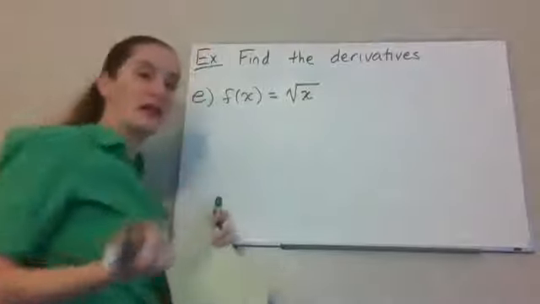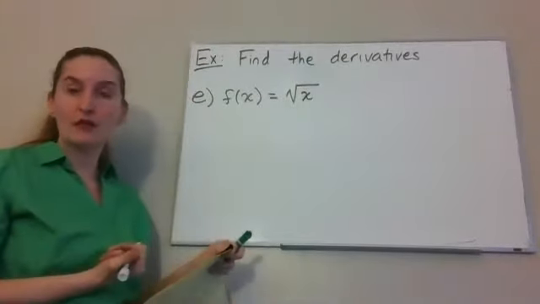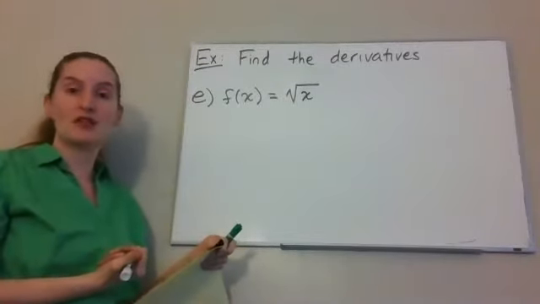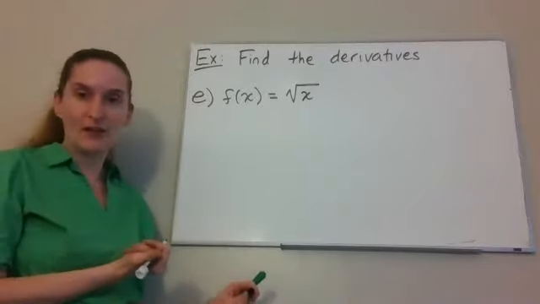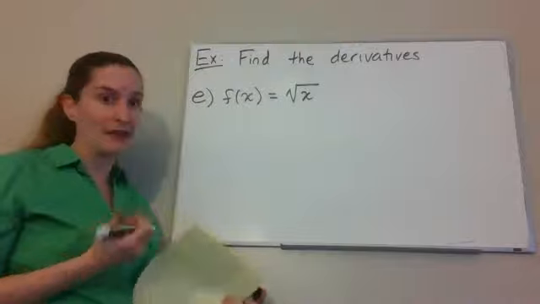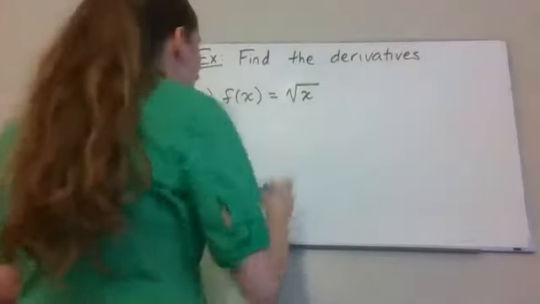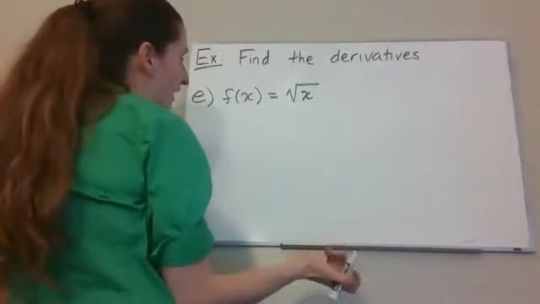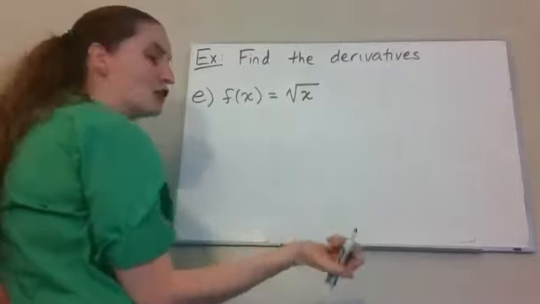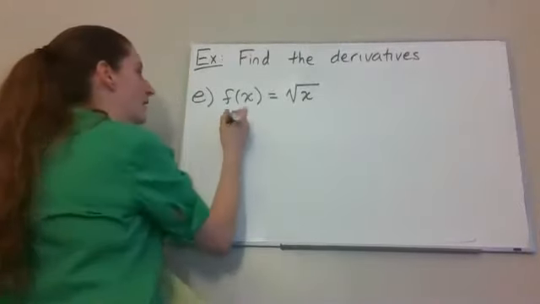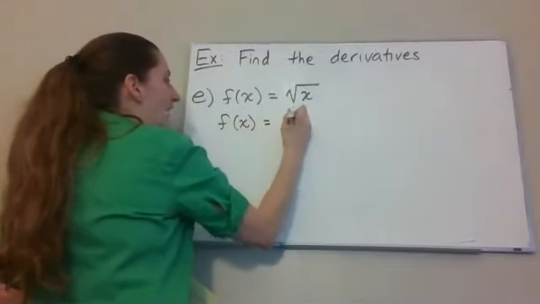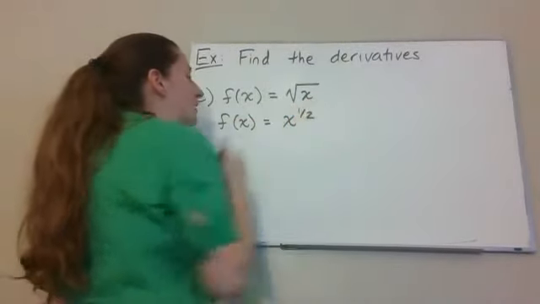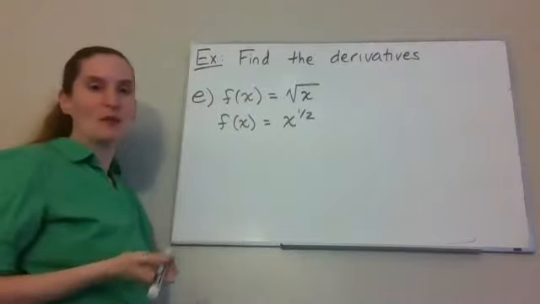And I want to remind you, in our last video, we found this derivative using the limit definition. So you can compare our result this way to the one in the last video, and you'll see that they're the same exact thing. So this one, we know square root of x is not a constant, so I'm going to have to use my power rule in some way. So the first thing I would do is rewrite this as x to the 1/2 power, because now it's a little easier to use my power rule.